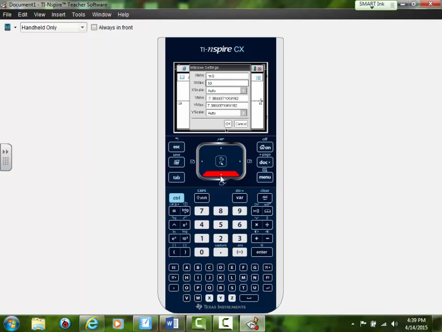Then the x max would have been at 2 pi. And then we're going to count by pi over 2. Each of the lines on our graph was pi over 2 apart. So we're going to change our scale to pi divided by 2.